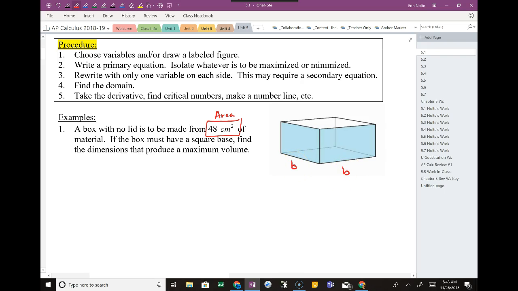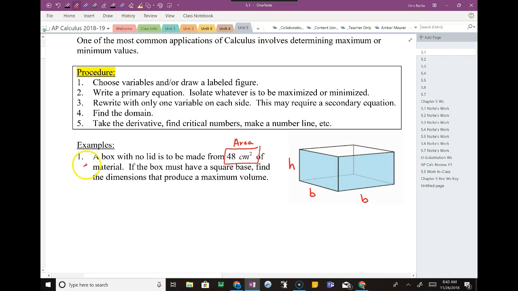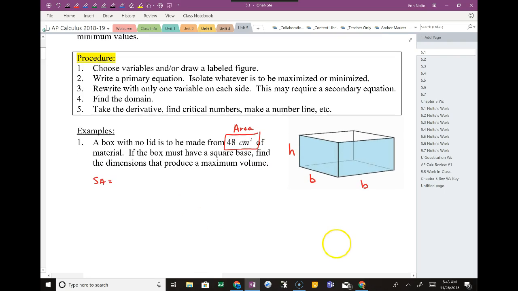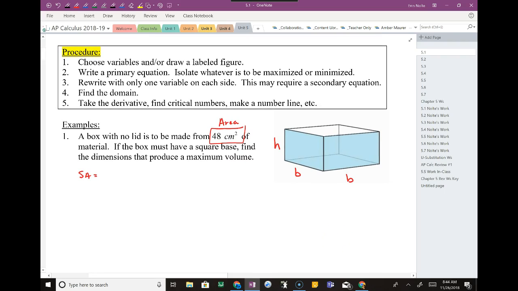And then the height. Can we go ahead and call that H? Sound good? Okay. So if we're going to talk about the surface area, how would we find the surface area of this particular box? We'd add all the sides.